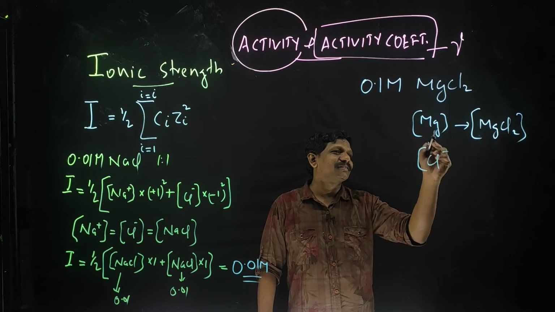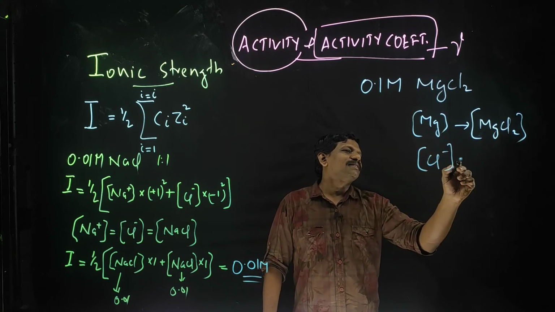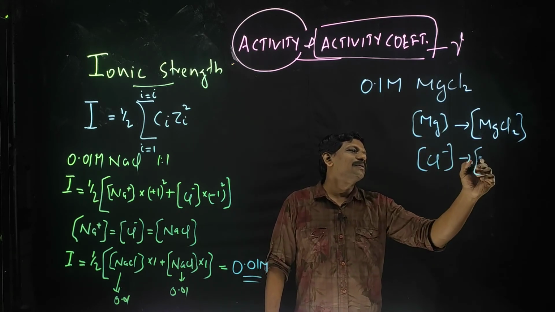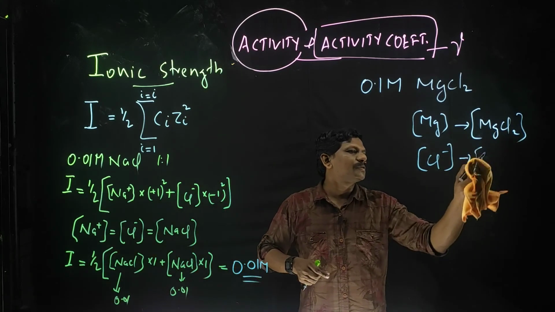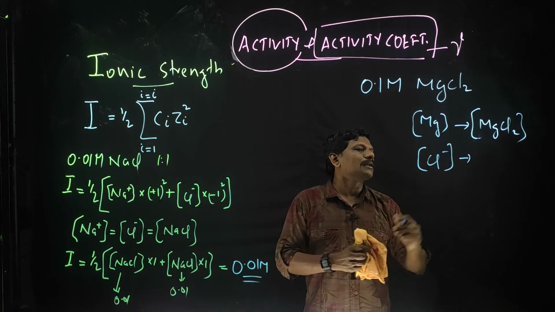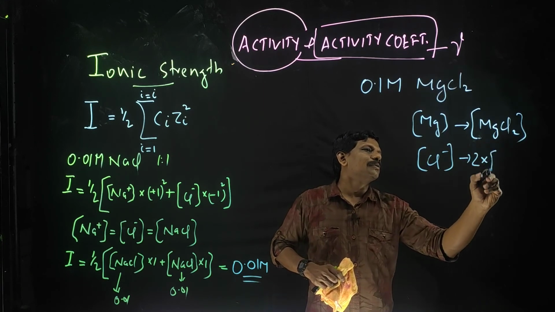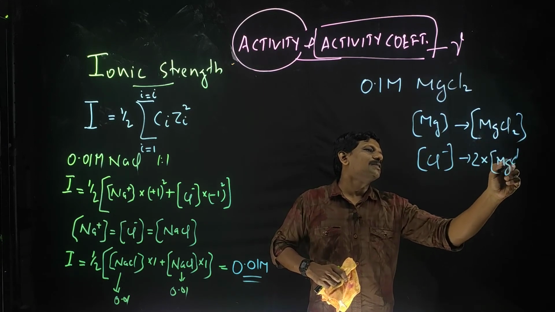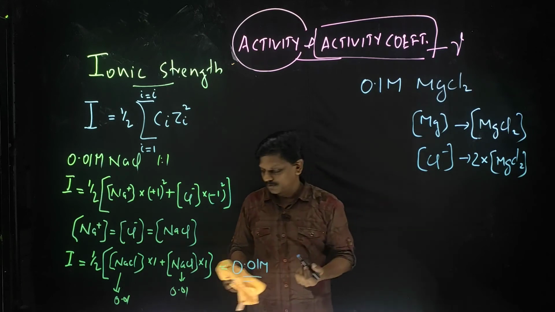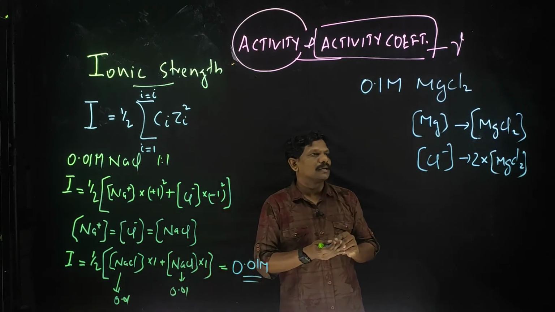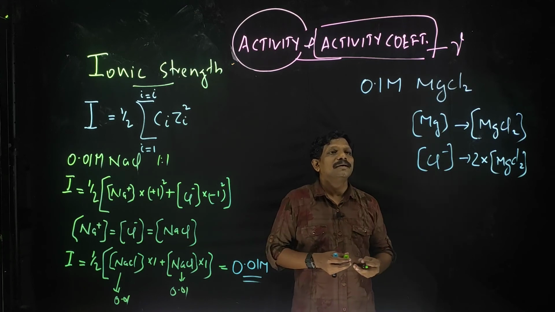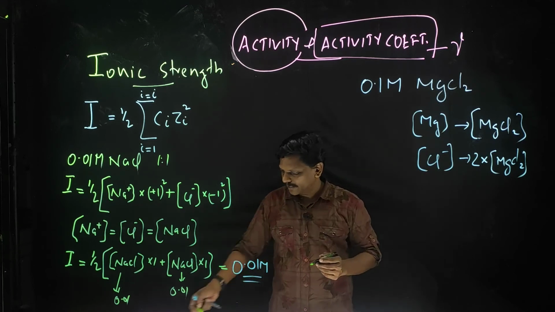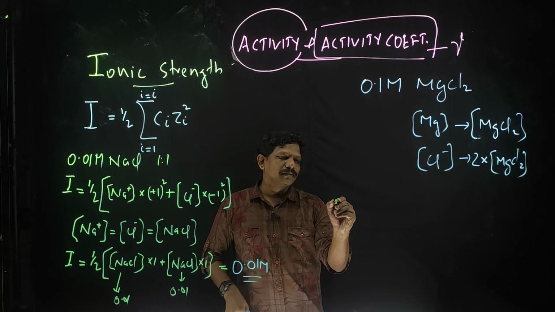What about Cl minus? There are two Cl minus, that means 2 into MgCl2. So how can you write the ionic strength I?